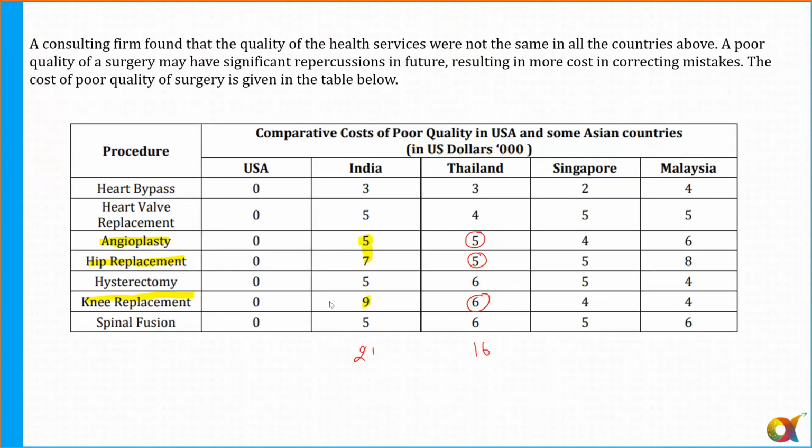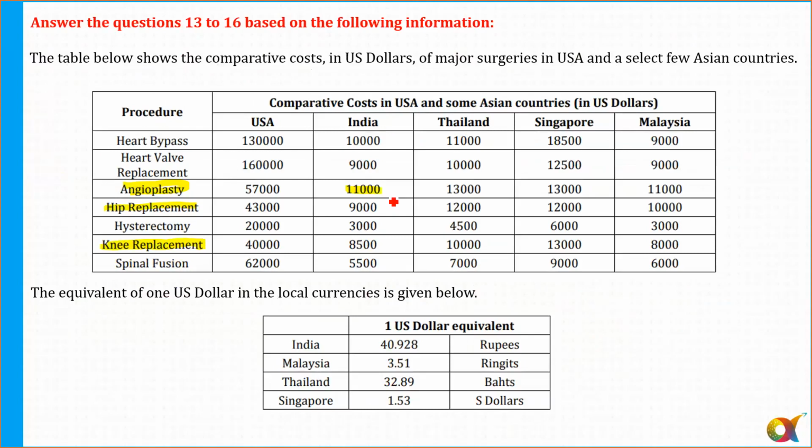And in Singapore, it is 4 plus 5, 9, 9 plus 4, 13. And 8 plus 6, 14, and 14 plus 4, that is 18. So 21, 16, 13, 18. So here I need to add the cost of poor quality, 21,000 for India, for this question.